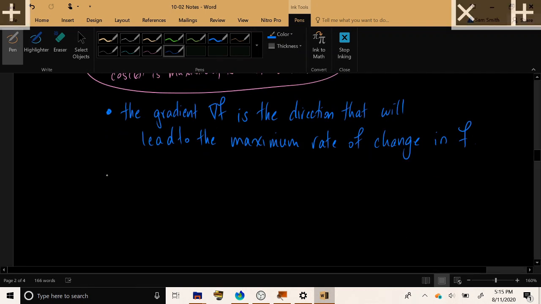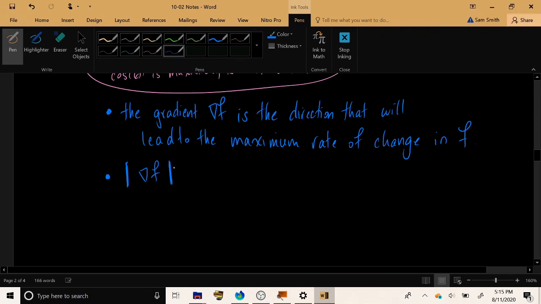Not only that, the magnitude of the gradient vector will tell you how fast the function is actually changing when you move in the direction of the gradient. It is the function's actual maximum rate of change.